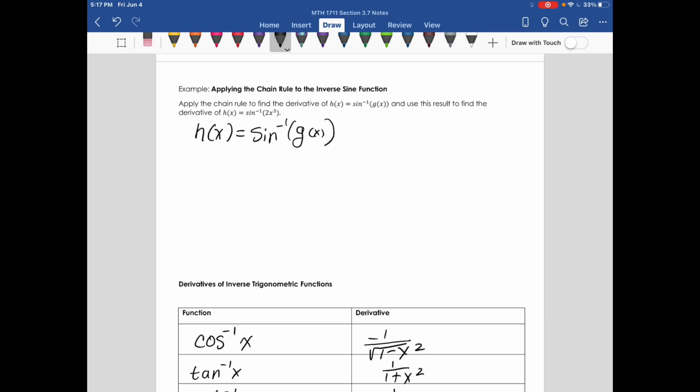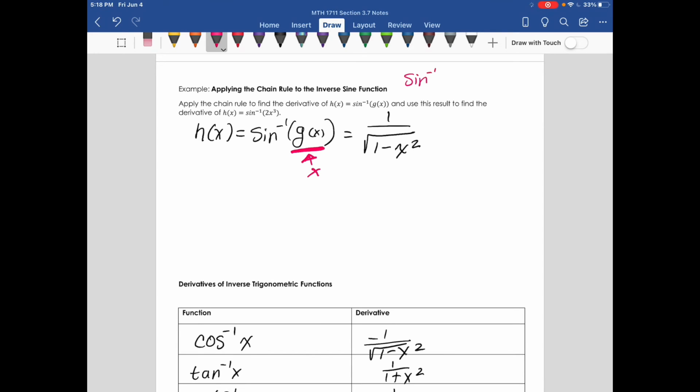So if I am finding the derivative of h of x, which is inverse sine of g of x, using that we found that the derivative of the inverse sine of x is equal to 1 over the square root of 1 minus x squared.